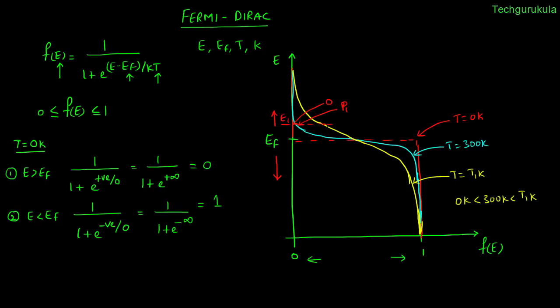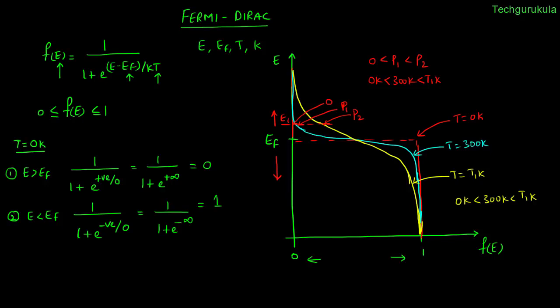And for the third one, let's say P2. Now we can say that 0 is less than P1 is less than P2, corresponding to 0 Kelvin, 300 Kelvin, and T1 Kelvin. And we know T1 Kelvin is greater than 300 Kelvin, which is greater than 0 Kelvin.